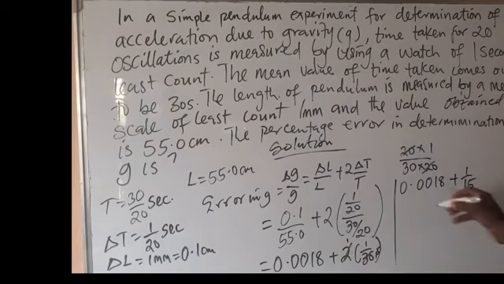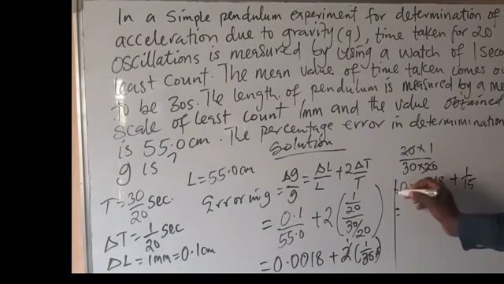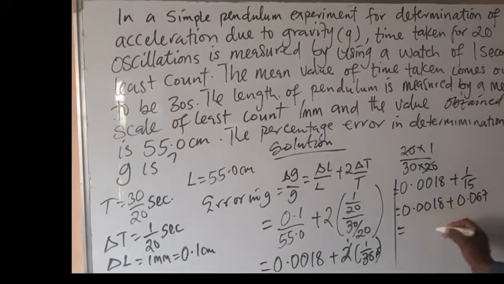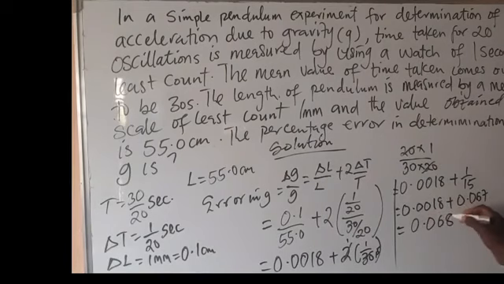Now 1 divided by 15 is 0.067. If you sum these together, the error is 0.0688. So this is the error.